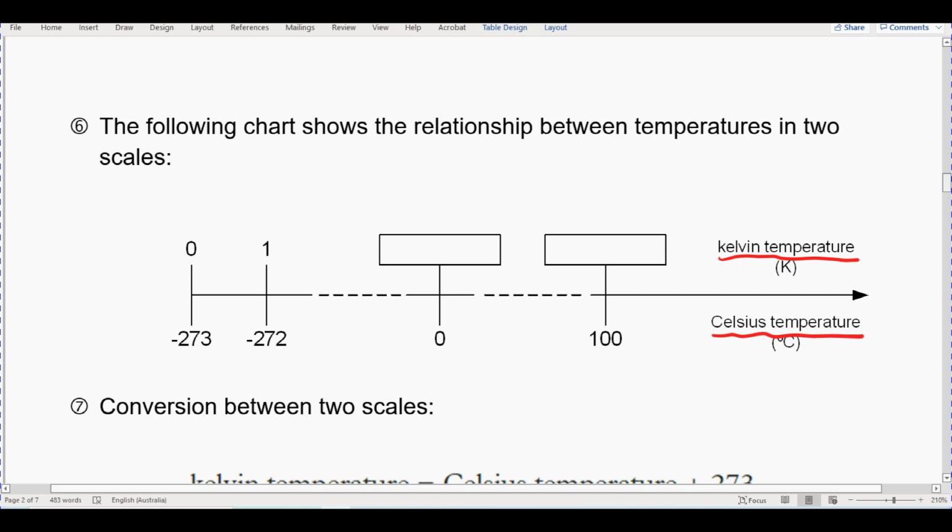So we need to see what the linear relationship is. When you have minus 273 degrees Celsius from the above graph, at that temperature, that's absolute zero for the Kelvin scale.